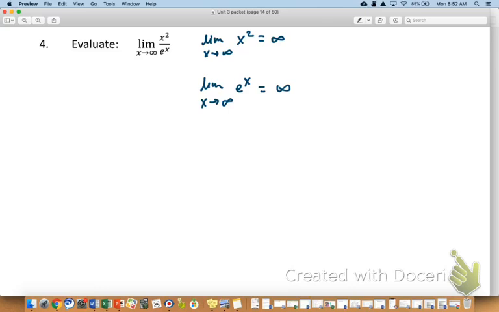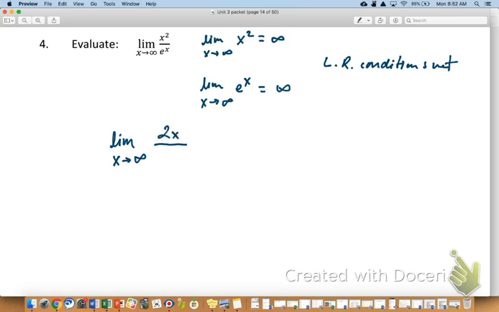Okay? So L'Hopital's rule, conditions met. Okay, so we do the same thing. Even though it's infinity and infinity instead of 0 and 0, I'm going to apply L'Hopital's rule to it the same way. This time I get, what's the derivative of x squared? 2x.